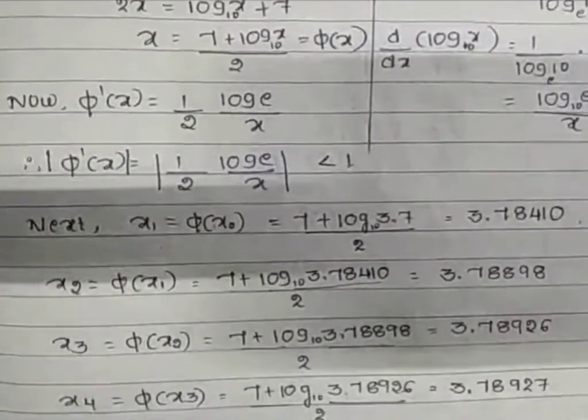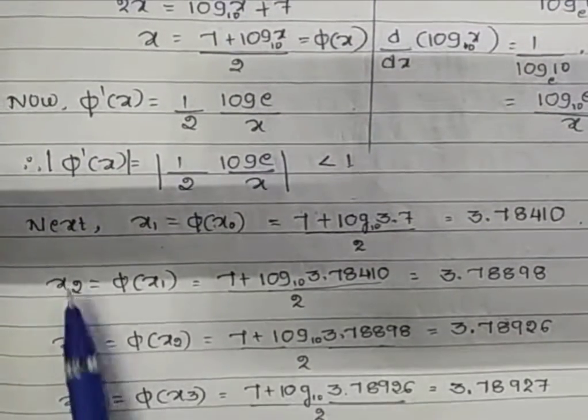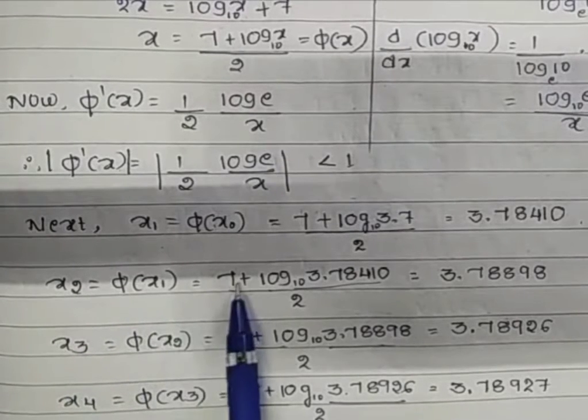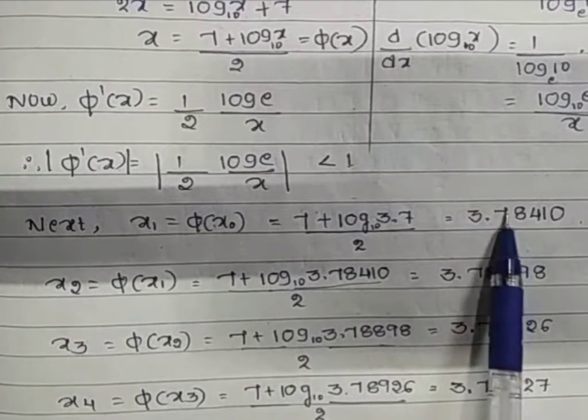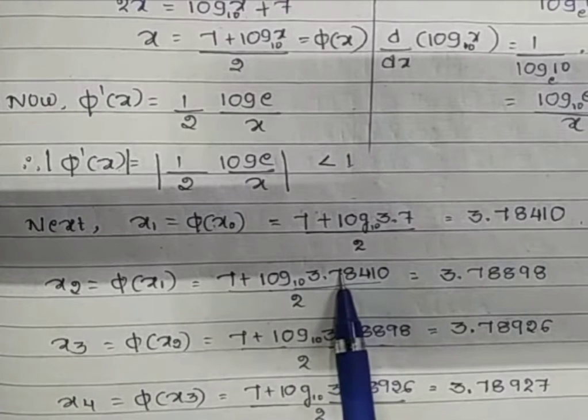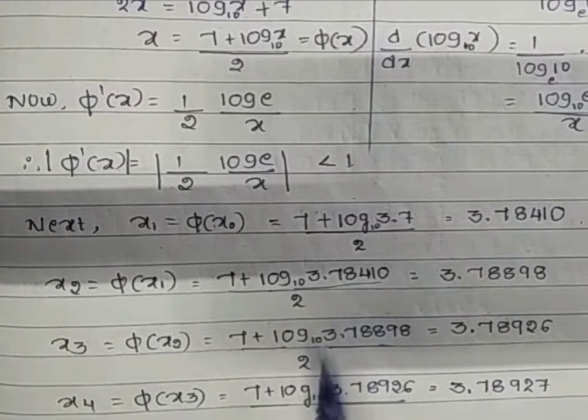Then in a similar way we need to calculate x2, x3 and x4. So x2 means phi of x1, that is 7 plus log of the previous answer 3.78410, divided by 2.